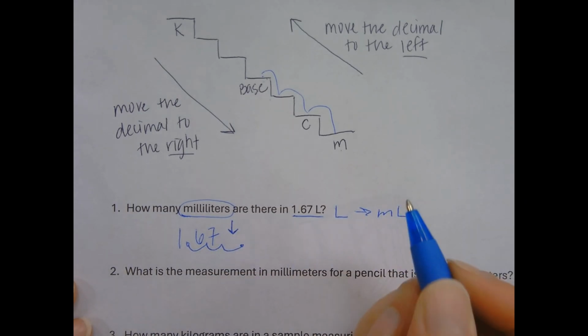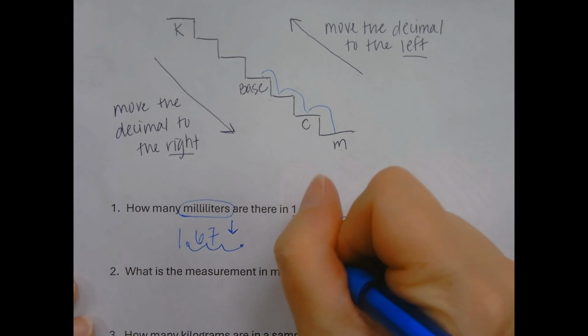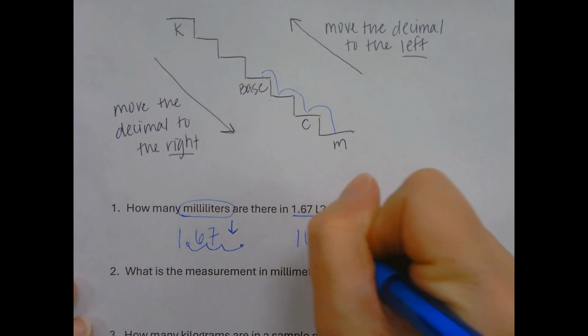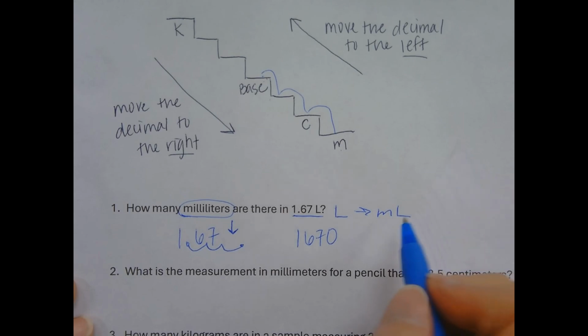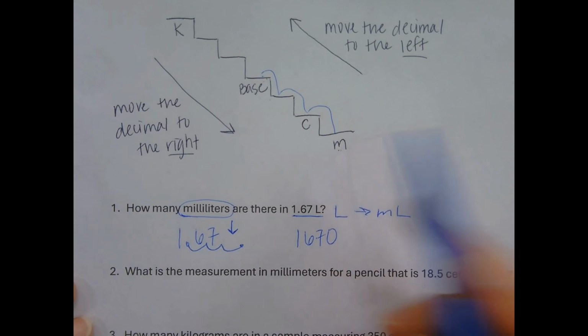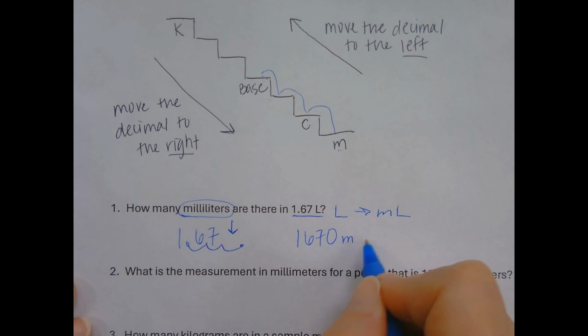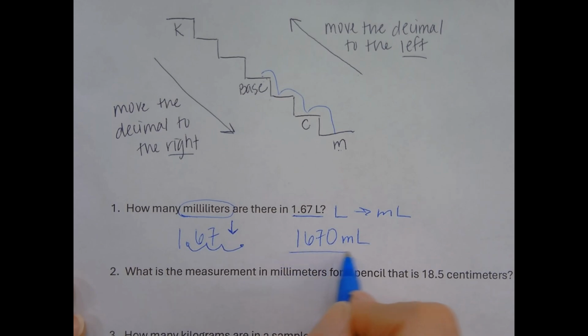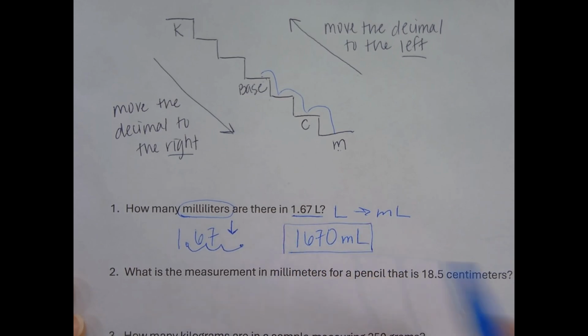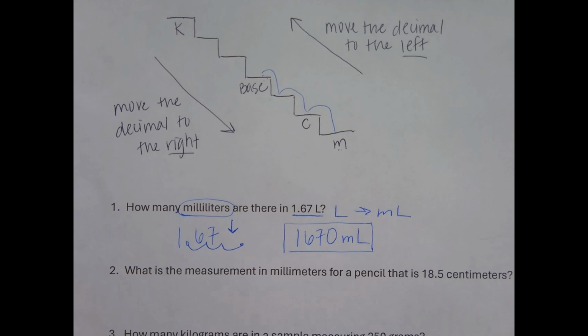This extra spot right here is for a 0. So 1670. The unit I'm in now, at the bottom of the staircase, is milli, and my base unit is liters. So my answer is 1670 milliliters. That's how we're going to be using our conversions with the staircase.